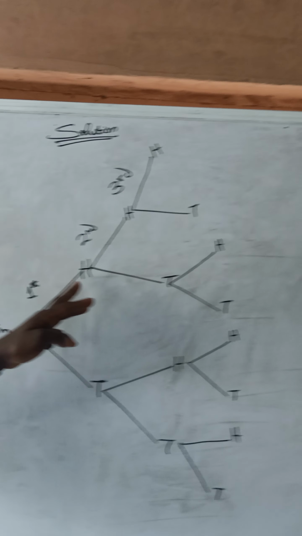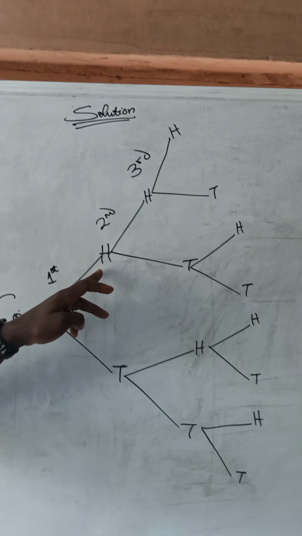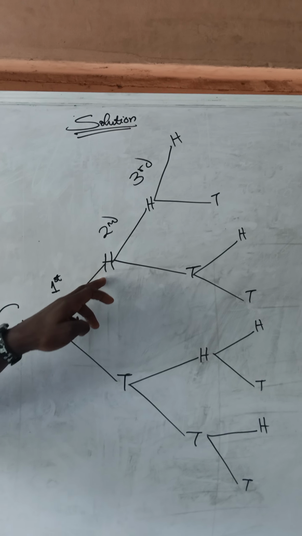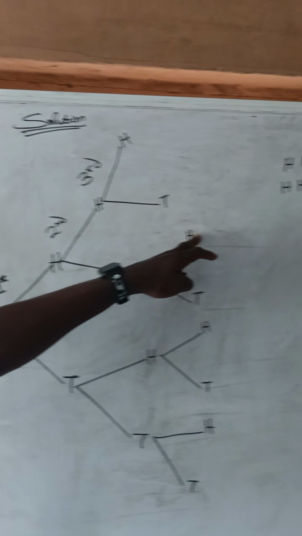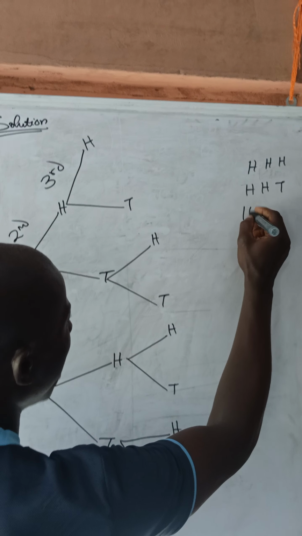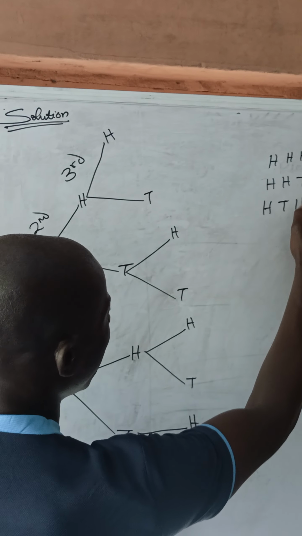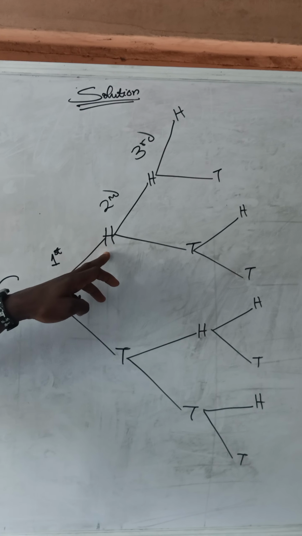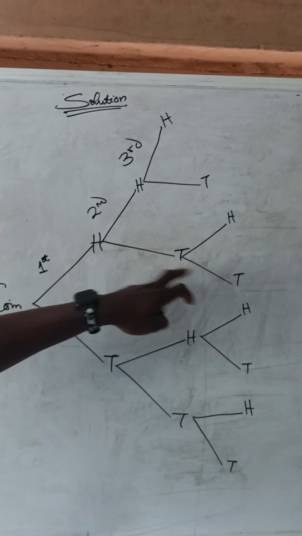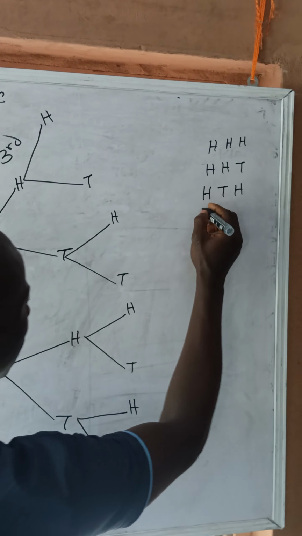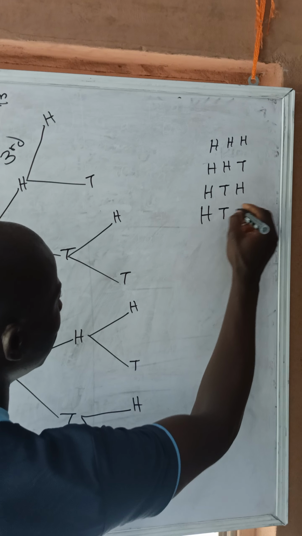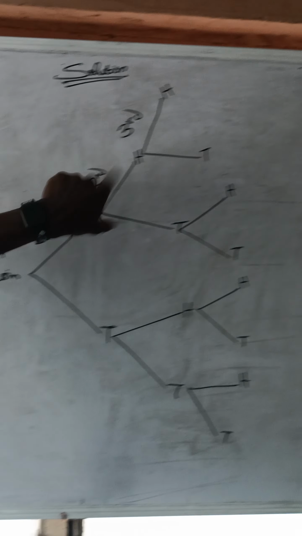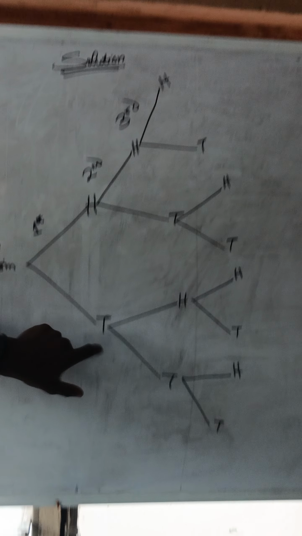Come to the leg of head again. Then you have head, tail, head. And you come to the leg of the head again: head, tail, tail. So we are done with this leg of the head. Now we are coming to the leg of the tail.